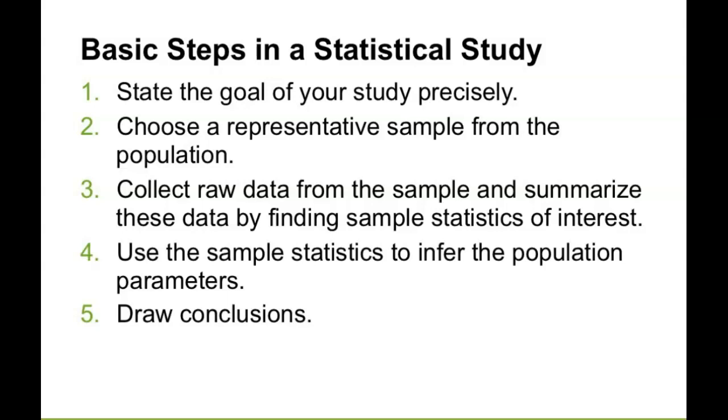Then you go out there and you choose a representative sample from your population. This is one of the most difficult steps in a statistical study. It costs a lot of money and it takes a lot of time. This is really obvious in election years, because they do a lot of polling, and you'll often see, in this poll, 52% stated they'd vote for candidate A or whatever.